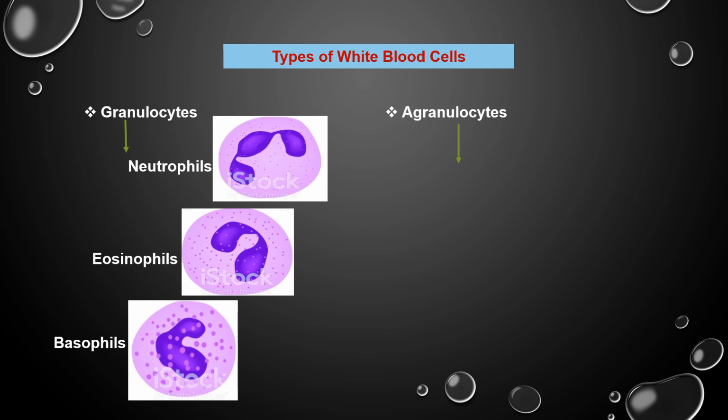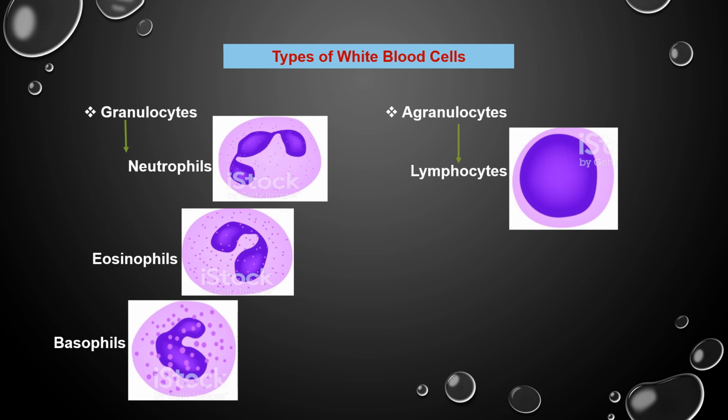These are about 20 to 25% of total leukocytes. They produce antibodies during bacterial and viral infection.